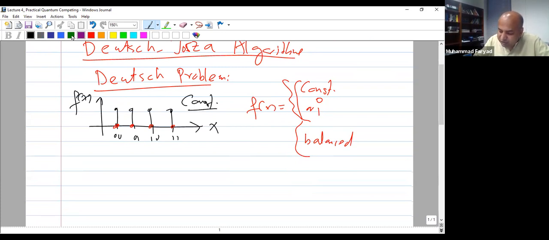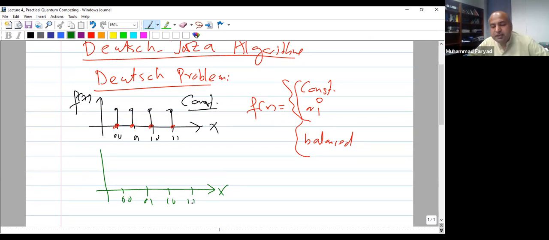A balanced function is one where, for half of the possible inputs, it gives 0, and for the other half it gives 1. So for example, a function that gives 0 output for these two inputs, and then 1 output for these two inputs, is balanced.